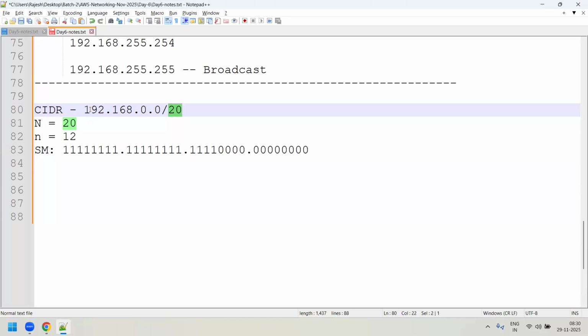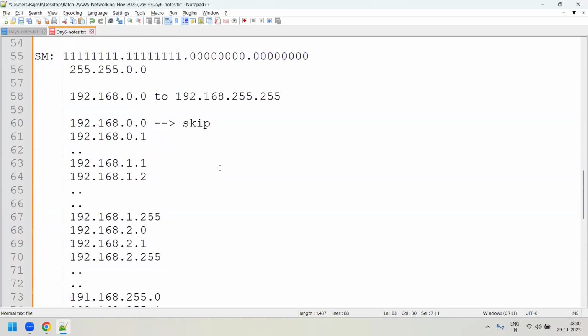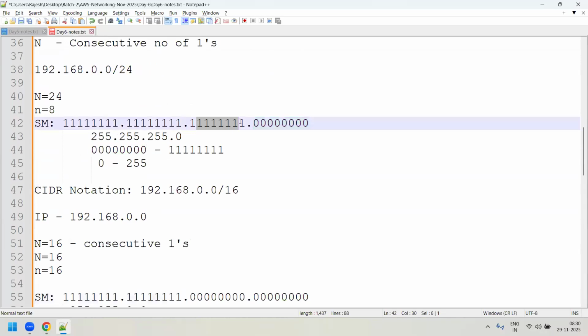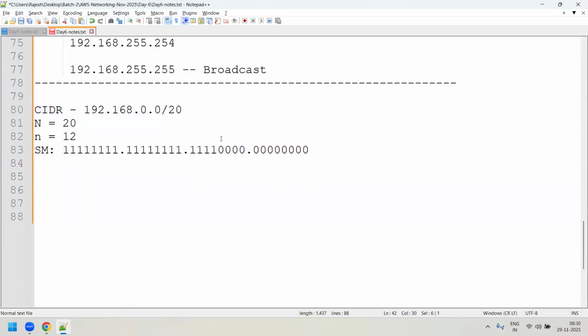In the third octet, earlier we used to see either completely ones or completely zeros, but here it is a combination of ones and zeros. The fourth octet is anyhow zero.